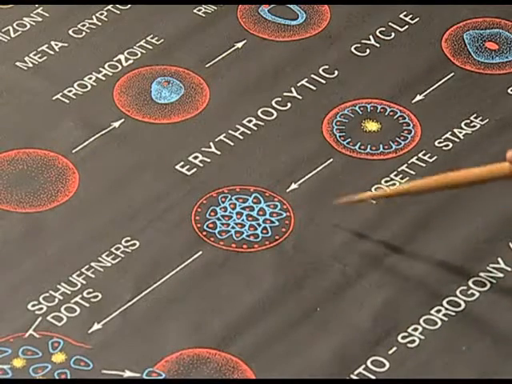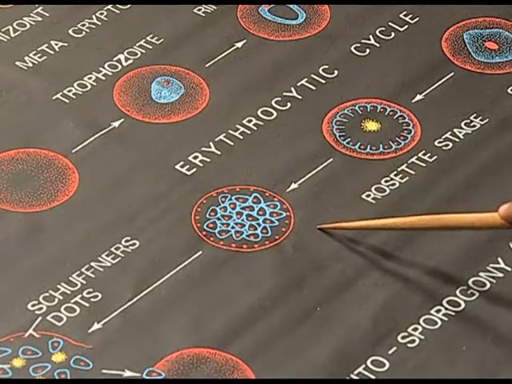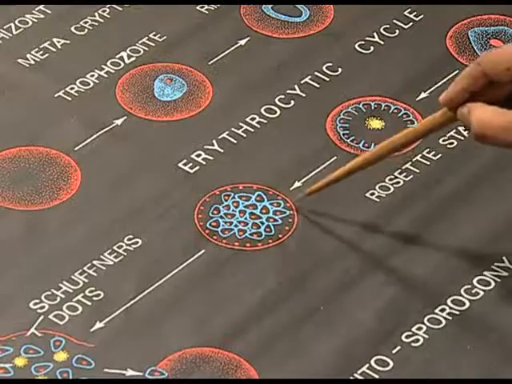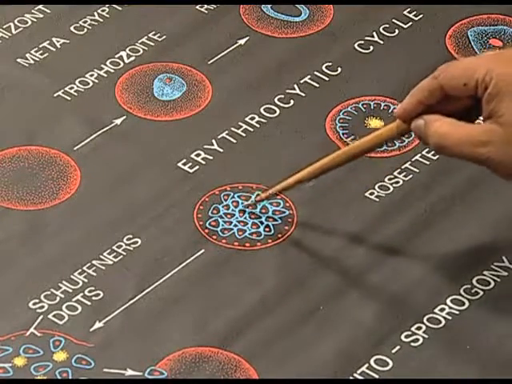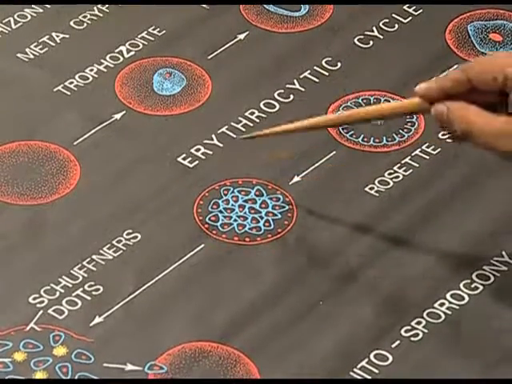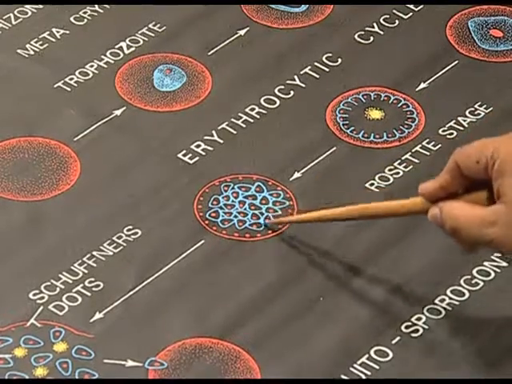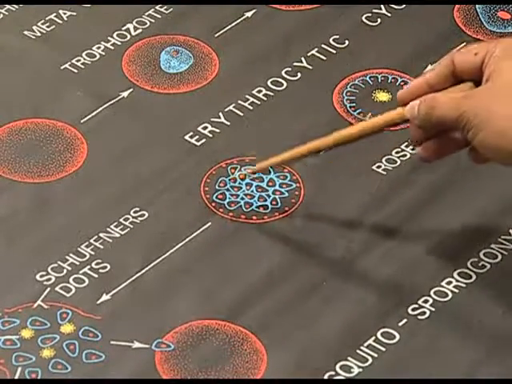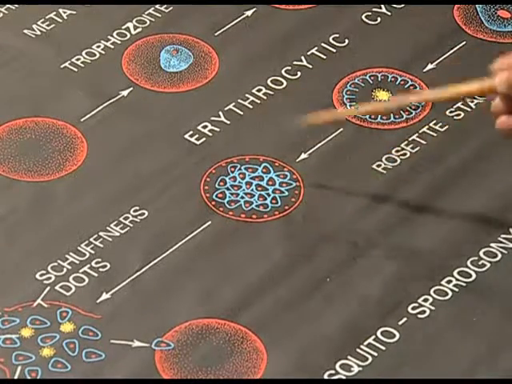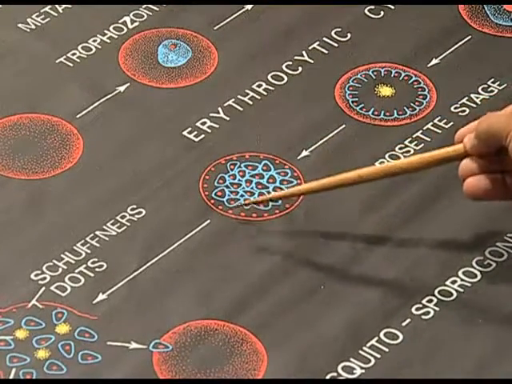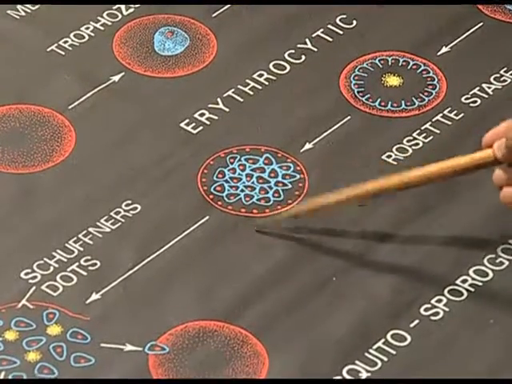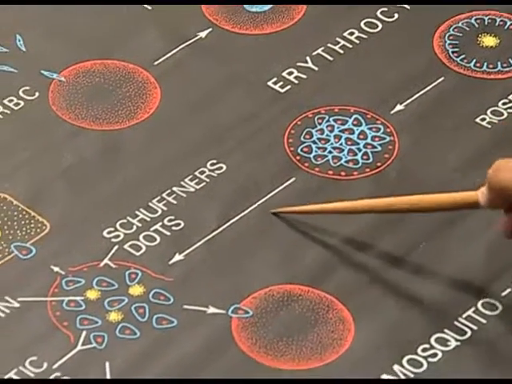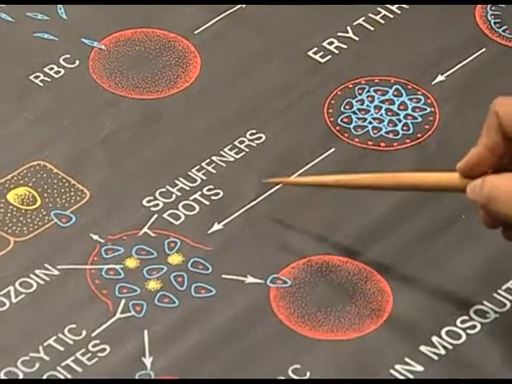Why is Plasmodium falciparum malaria the deadliest? We can see that the number of merozoites inside the schizonts is maximum in the case of Plasmodium falciparum. When the load inside the RBC goes beyond its carrying capacity, it ruptures, and after rupturing, many merozoites are liberated.